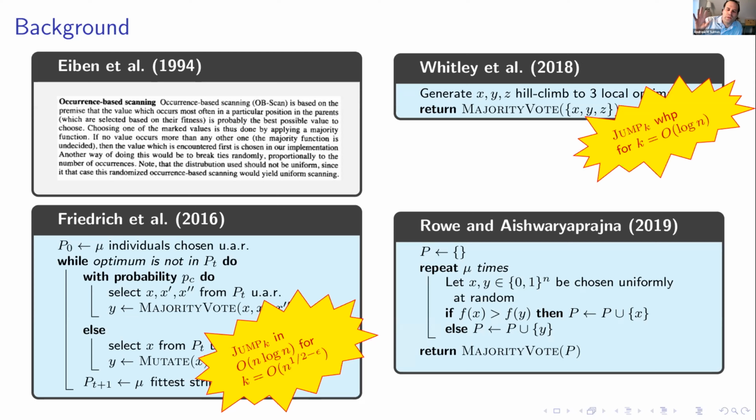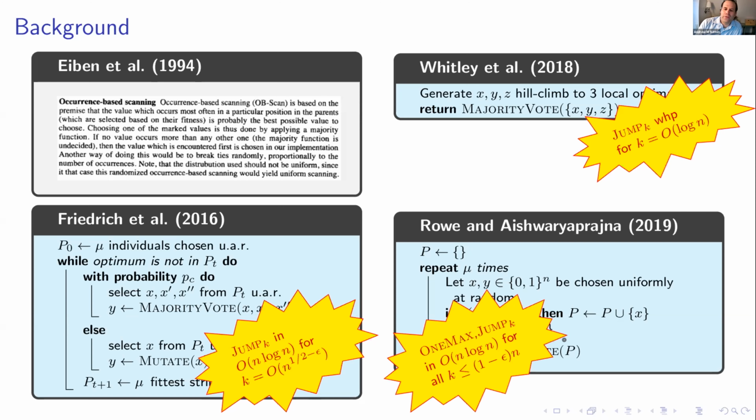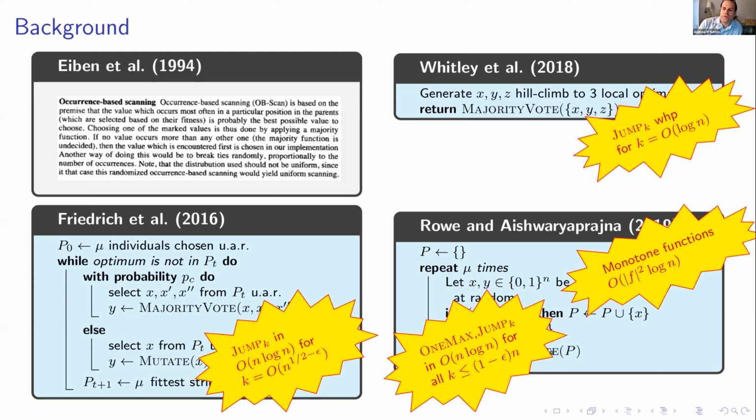What they showed was that if you just take mu samples by performing a binary tournament in every sample, so mu times you select 2 strings uniformly at random and take the fitter of the 2, and then return the majority vote of all those mu strings, then you can solve OneMax in n log n time, and jump in n log n time, with jump gaps all the way up to a constant fraction. You can solve monotone functions efficiently.